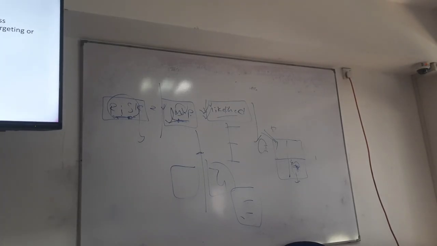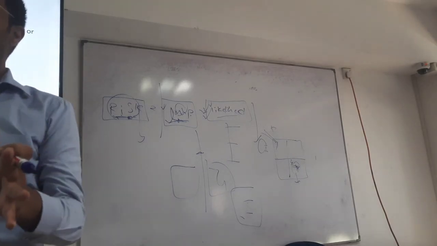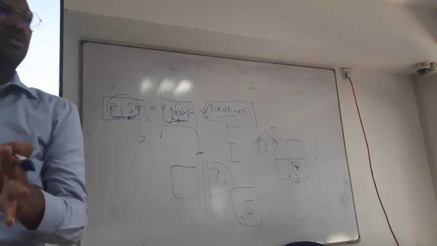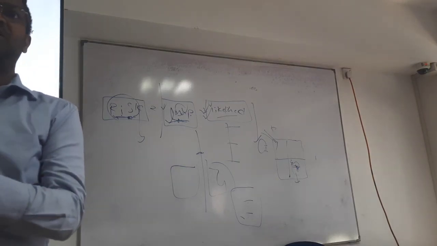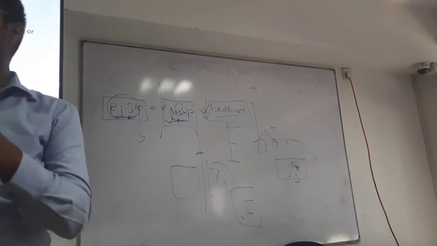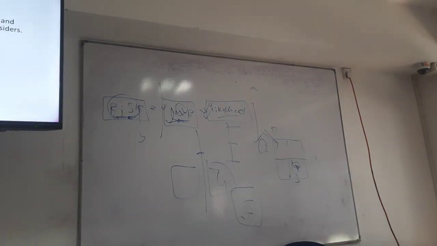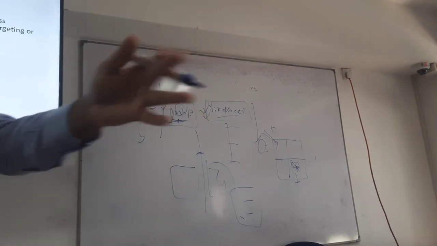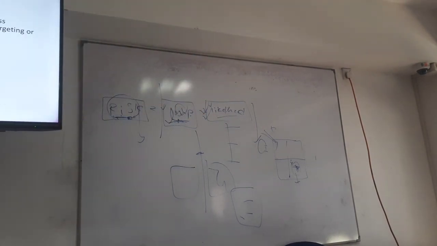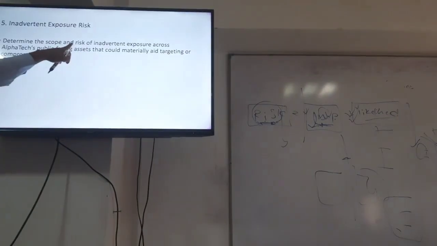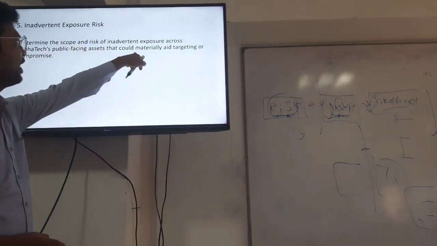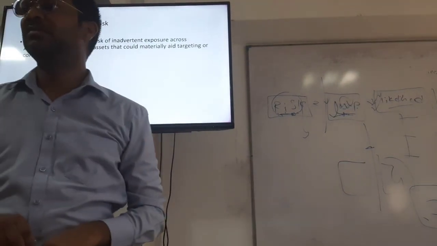So what this means is, for all public facing assets, this takes out the human angle, so our employees, and also the vendors and partners leaking thing, that is totally out. So this is not a public facing asset. So for all the public facing assets, what is the scope and risk of all public facing assets that can materially aid, target and compromise?